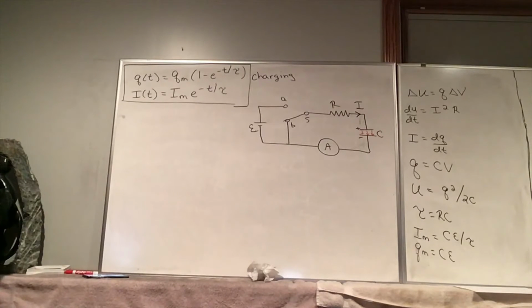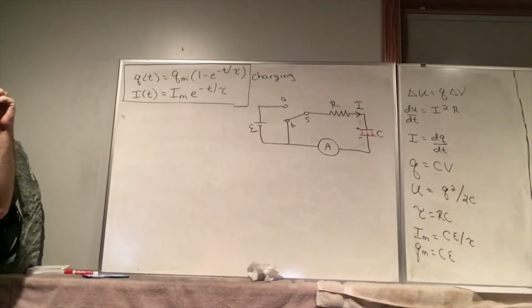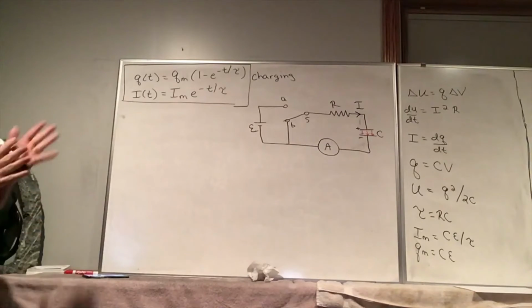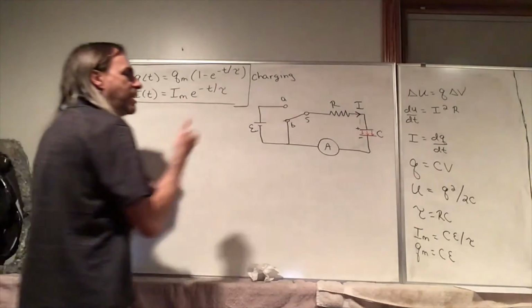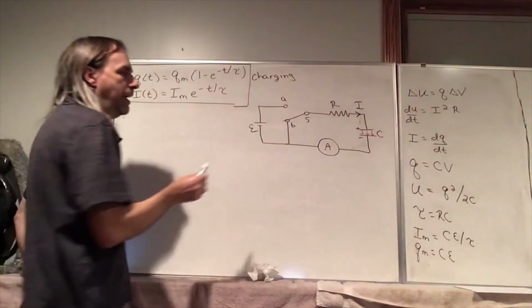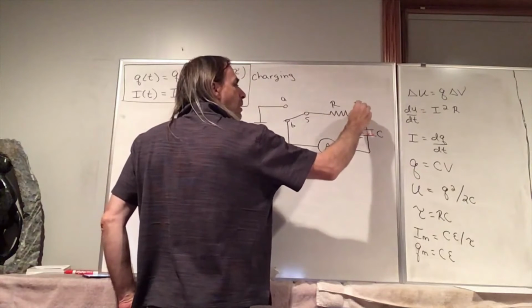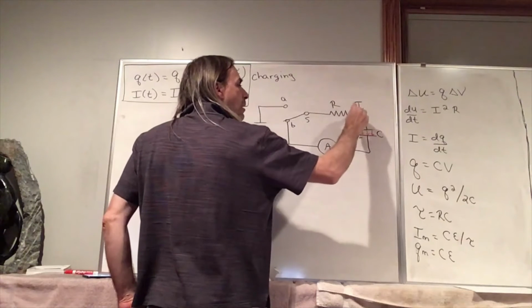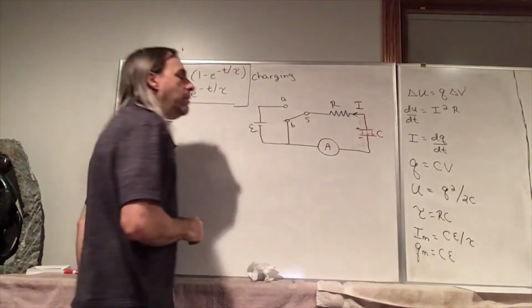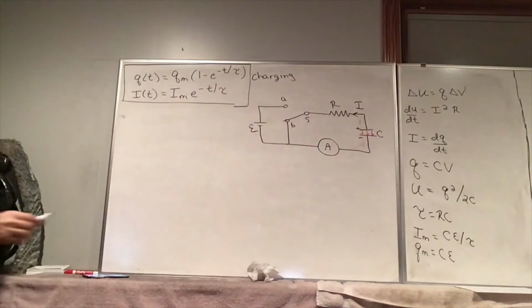So let's use the loop rule for this, or we could use conservation of energy. You can pick one. Let's do conservation of energy. Let's just consider a charge going around this loop. The current's going this way, and just to make life easier, we consider charge dq going counterclockwise.